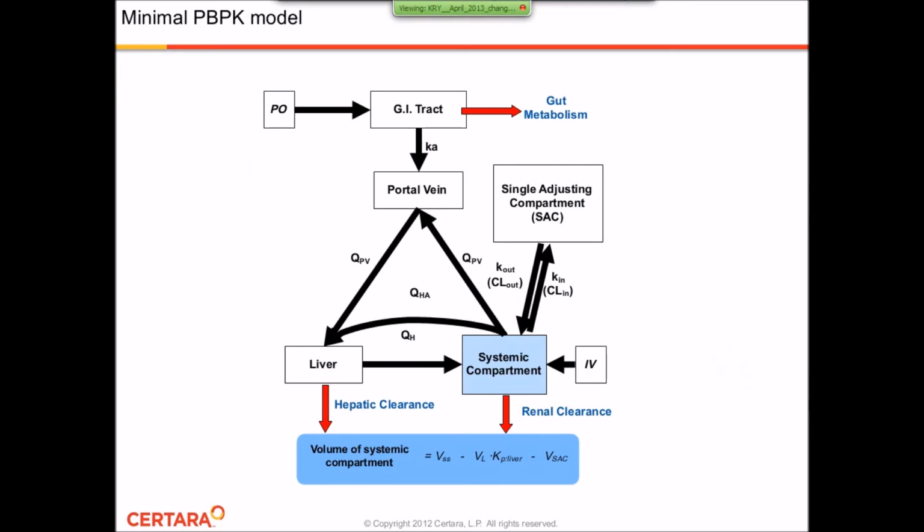Because I knew that it was a low volume of distribution drug, and I wasn't building transporter-mediated components into the model, I started with a minimal PBPK model. What I was using to drive the hepatic clearance of the drug was the metabolic intrinsic clearance from human liver microsomes.